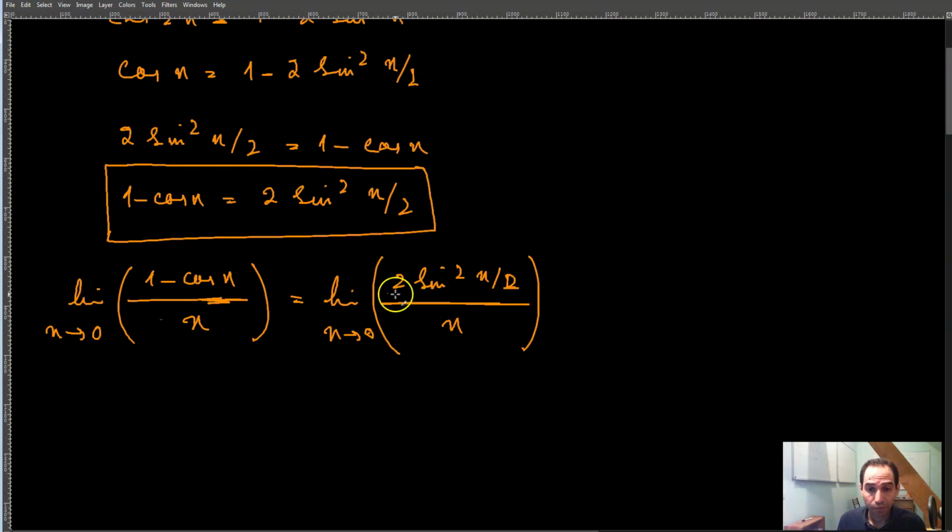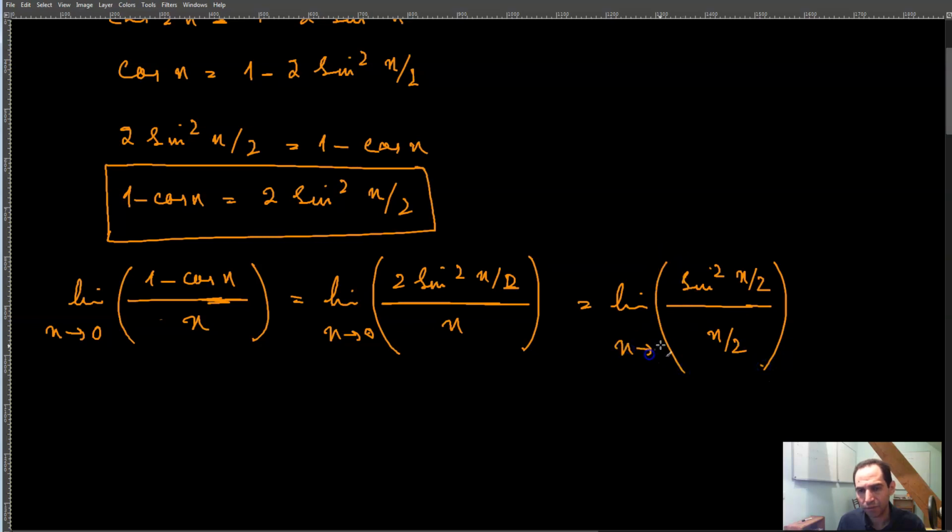So if you bring this 2 to the denominator, this becomes the limit of sine squared x divided by 2, by x divided by 2, as x tends to 0.